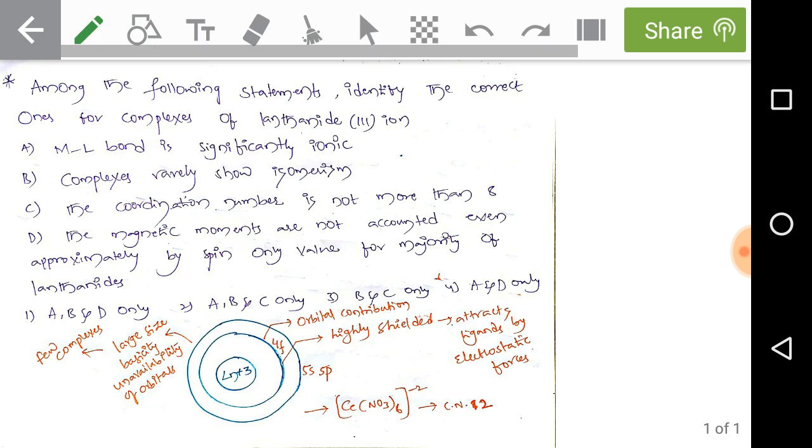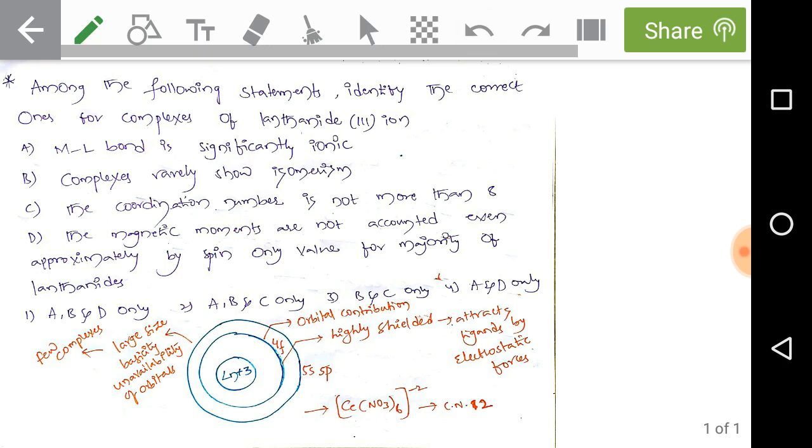Okay, so this is also a correct statement, because the spin only formula is not enough to find the magnetic moments of lanthanide complexes or lanthanide ions. The 4f orbital is buried and contains electrons, and different distributions of electrons are observed on the f orbital.